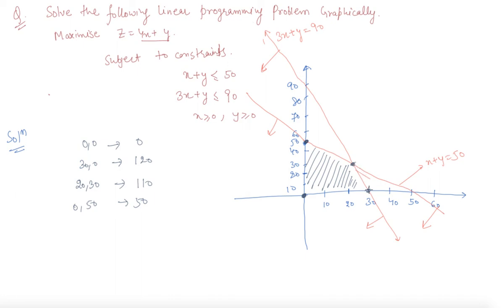At 30, 0, you put the point in the equation for z, and these are the values of z at the corner points, and we need to maximize z. So the maximum value of z is at 30, 0.